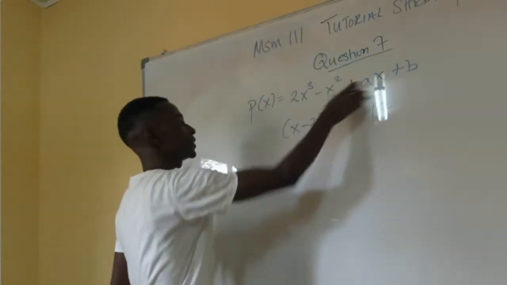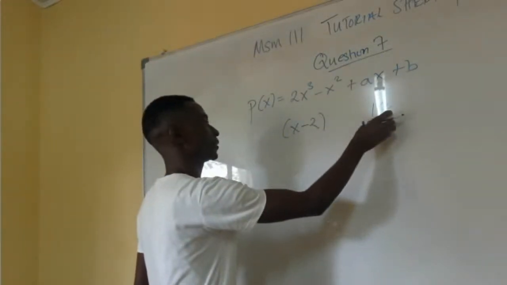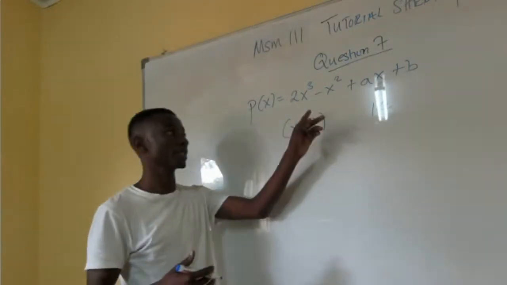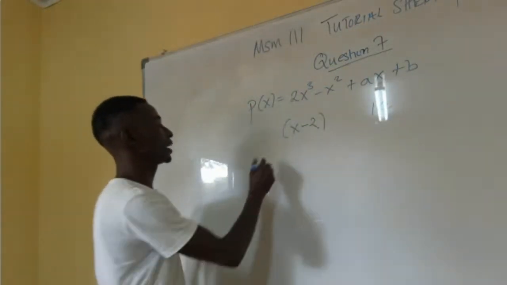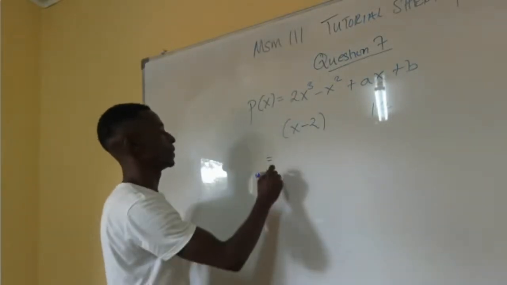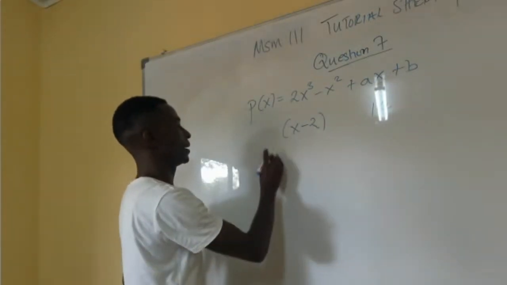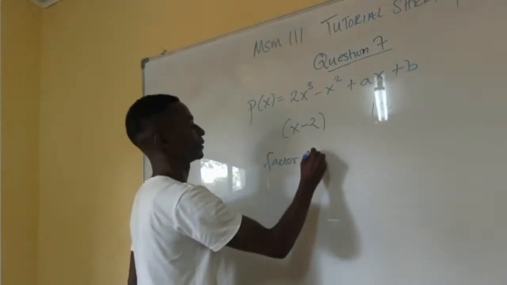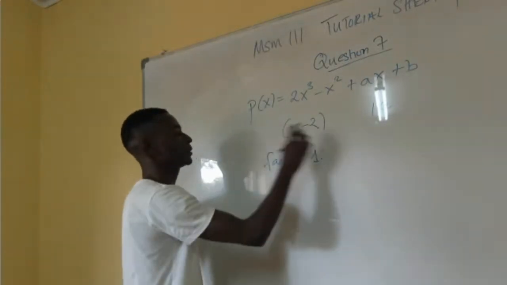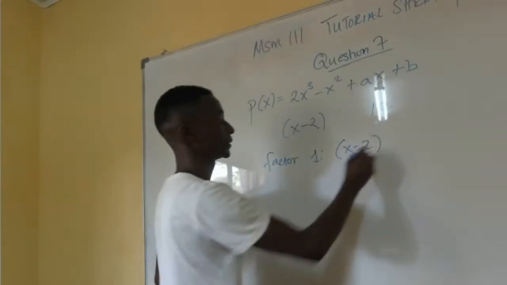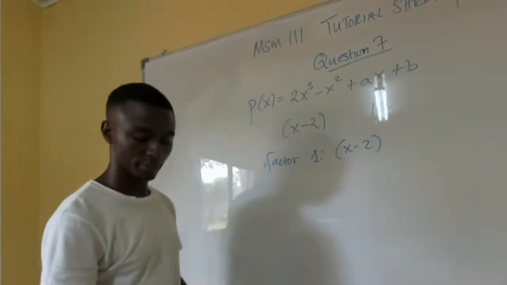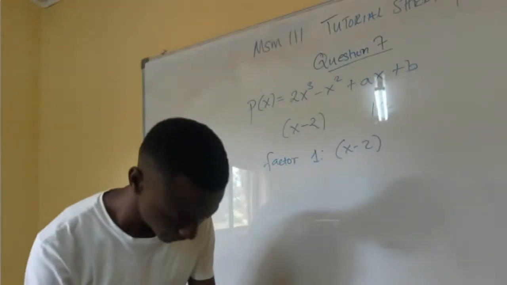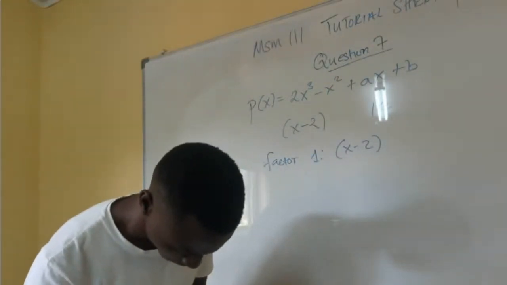So if this polynomial is divided by that, we are having the remainder 14. So still we're going to use the same method that we've used. So now let's do this. Factor 1. The factor 1 we have is x minus 2. That's our factor 1.